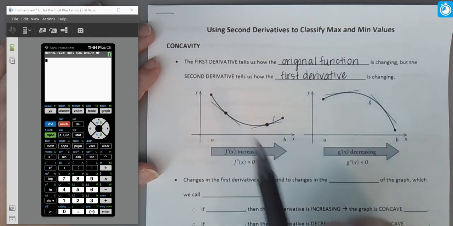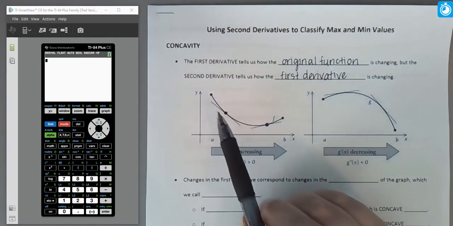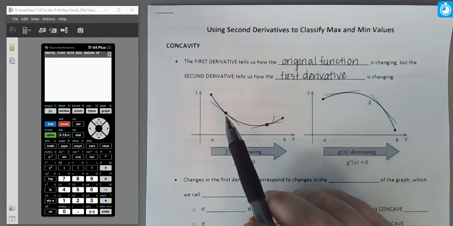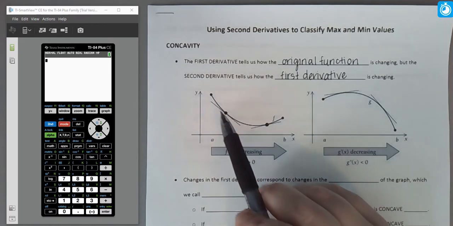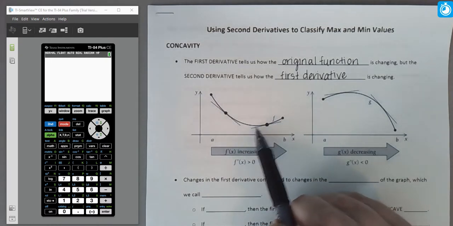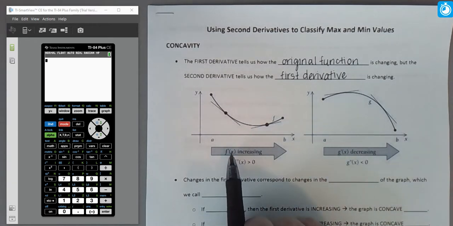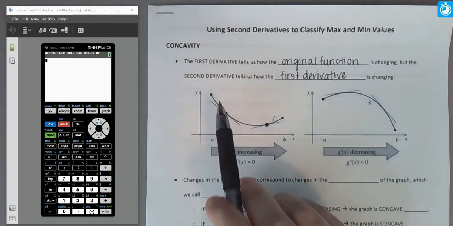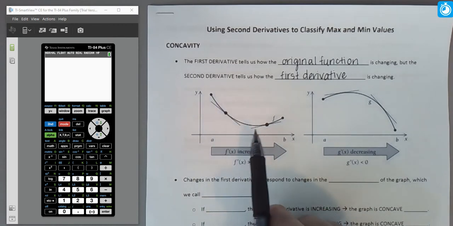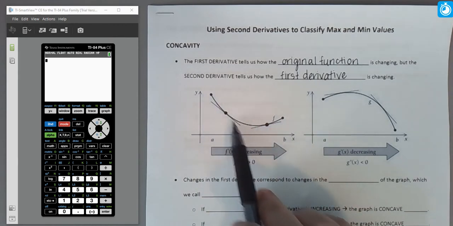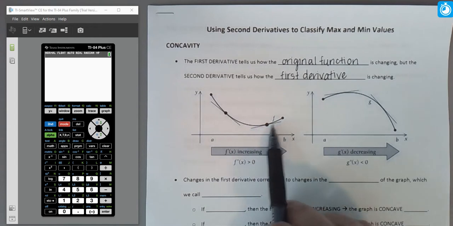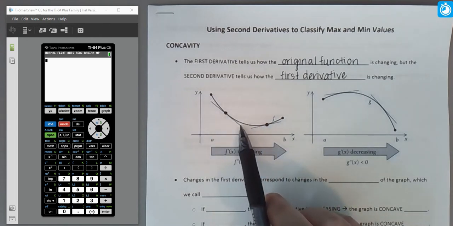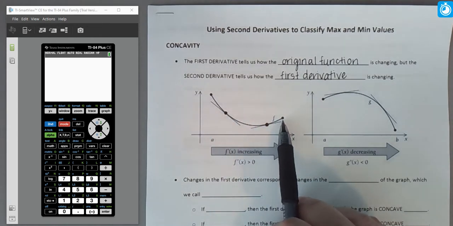What we can also say, in terms of comparing the derivatives, is that we're going from a negative derivative to a positive derivative, which means the derivative itself is increasing. The rate of change of the derivative is positive. We're going from a smaller derivative to a larger derivative, a more negative derivative to a more positive derivative.